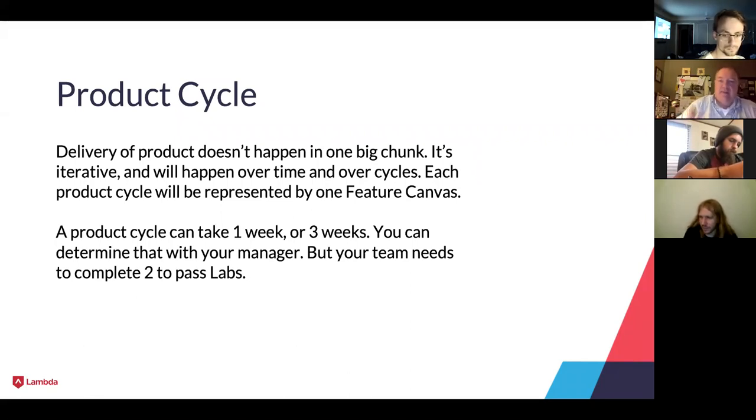And if you're lucky, you'll go through a third cycle of product canvas where you'll add another set of features that take your product even further. So where do we begin? And what I'll stress is a product cycle can take 1 to 3 weeks in full time. So it's 2 to 6 weeks in part time.